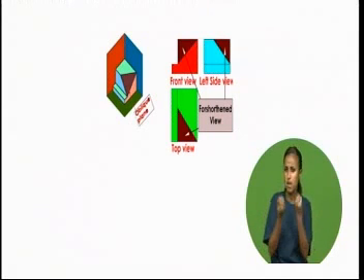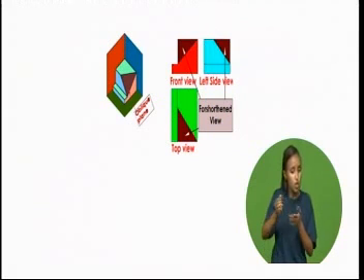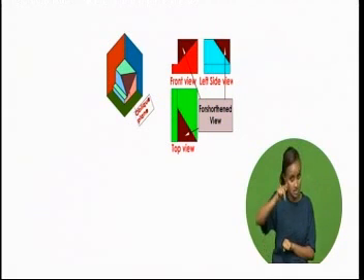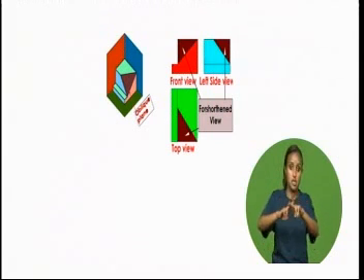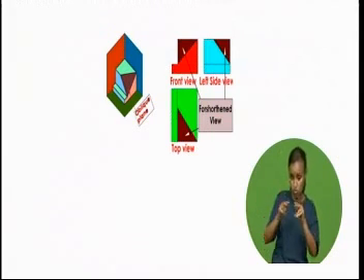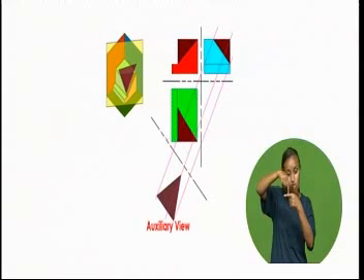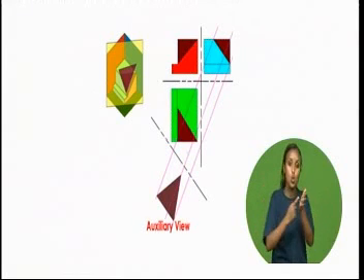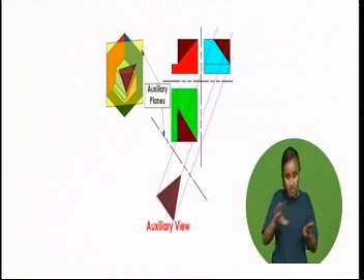Foreshortened surfaces on multi-view drawings do not give a clear or accurate representation of size or shape and shouldn't be dimensioned. An auxiliary view allows the viewer to look perpendicular to an angled surface to witness the true size and shape of that surface and its features.